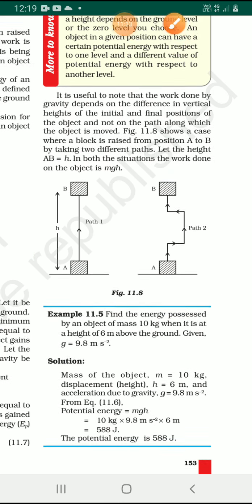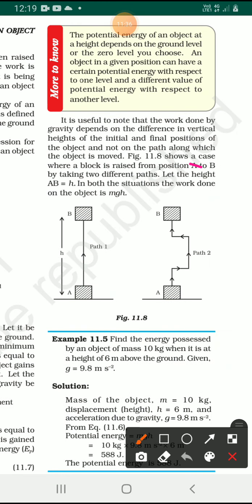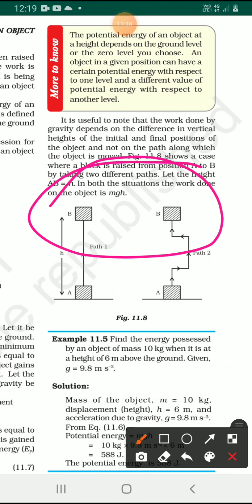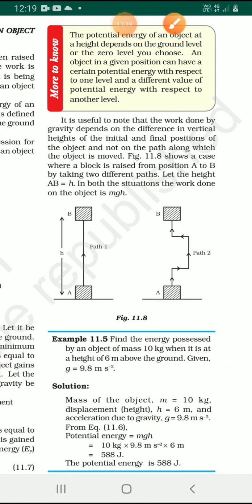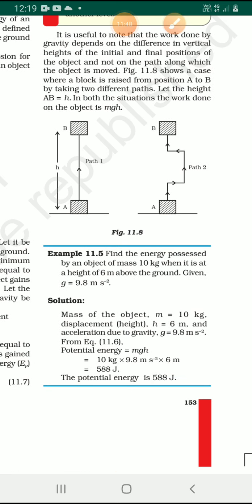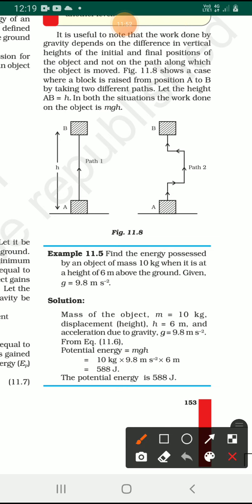Because you can see that the object has risen to the same height. The path is different, but irrespective of the path the height will be the same. So the work done in both cases is the same, right? That's a simple point.